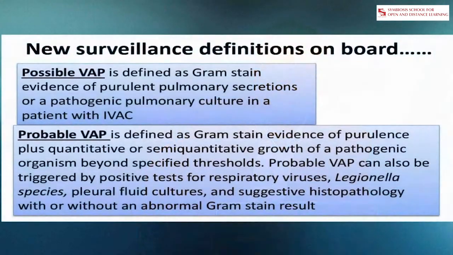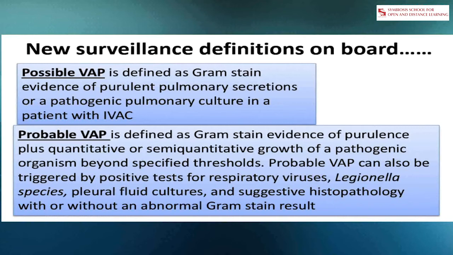So, the new surveillance definitions on board are for adult patients, especially developed by CDC. They may be applicable for pediatric patients, and we will come to know about this in the near future, because these are the latest and we have data which is not available for application over pediatrics.